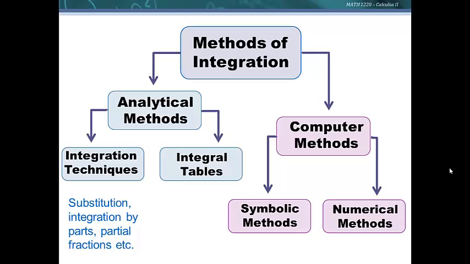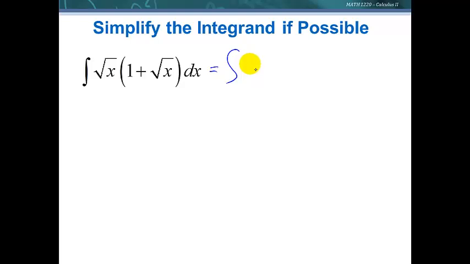So let's go through some clues or ideas or things to look for so we know what to try. One of the things we want to do is simplify the integrand if we can. If we see something like this, it can look fairly complex, but if I just get rid of the parentheses here, and rewrite this as an exponent, this one would be x to the 1/2 plus square root of x times square root of x, which is just x, dx.